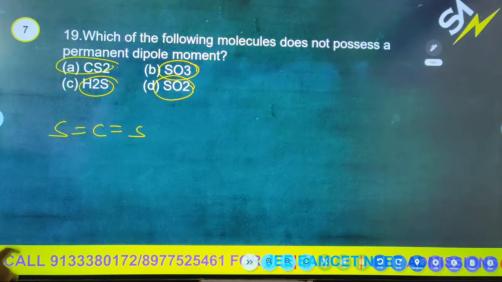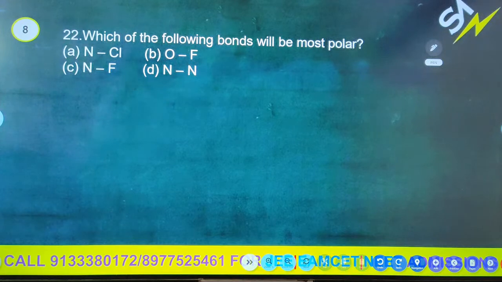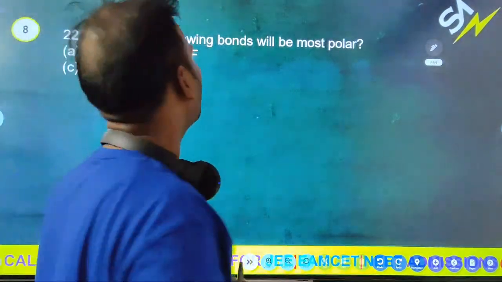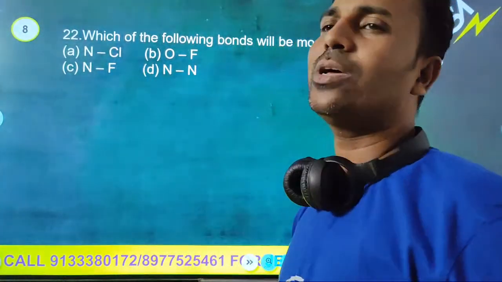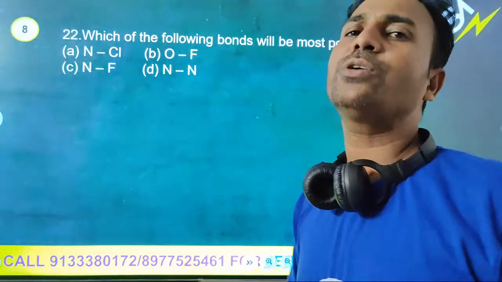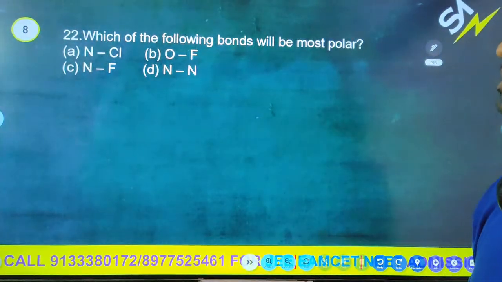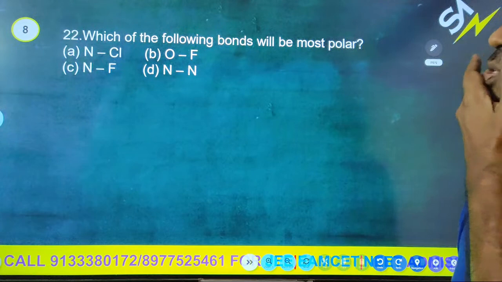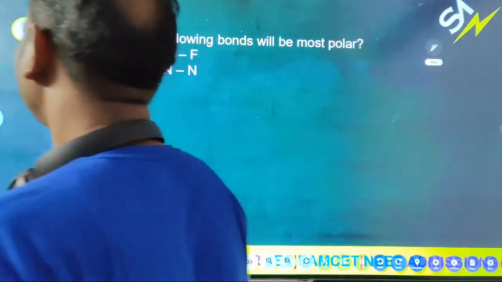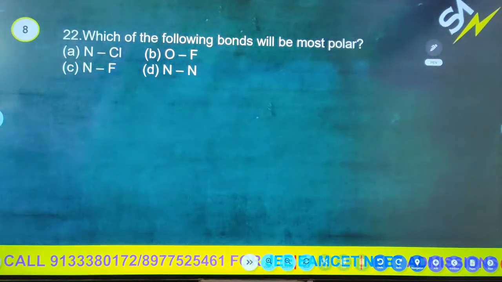The next question, number 22. Which of the following bonds will be most polar? So how can we decide the polarity of the bonds? It again depends on electronegativity. If the electronegativity difference is large, that bond possesses the most polarity.